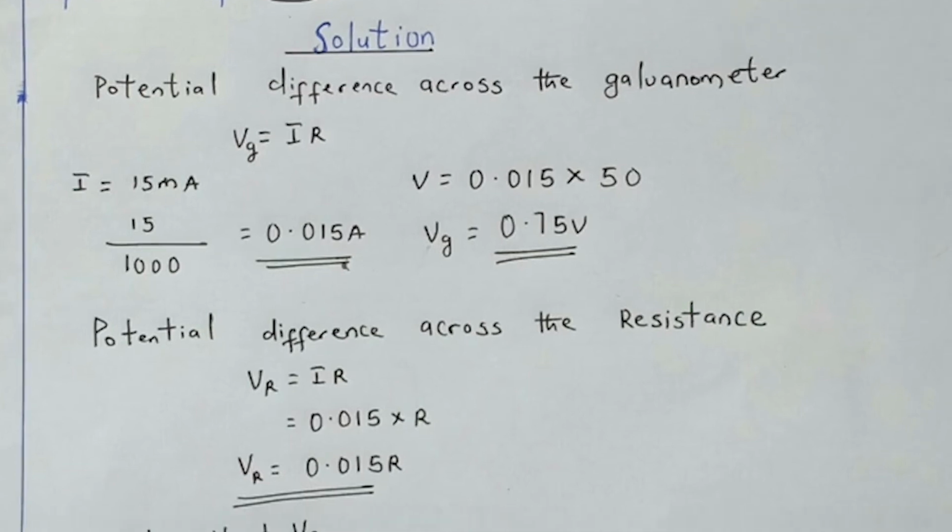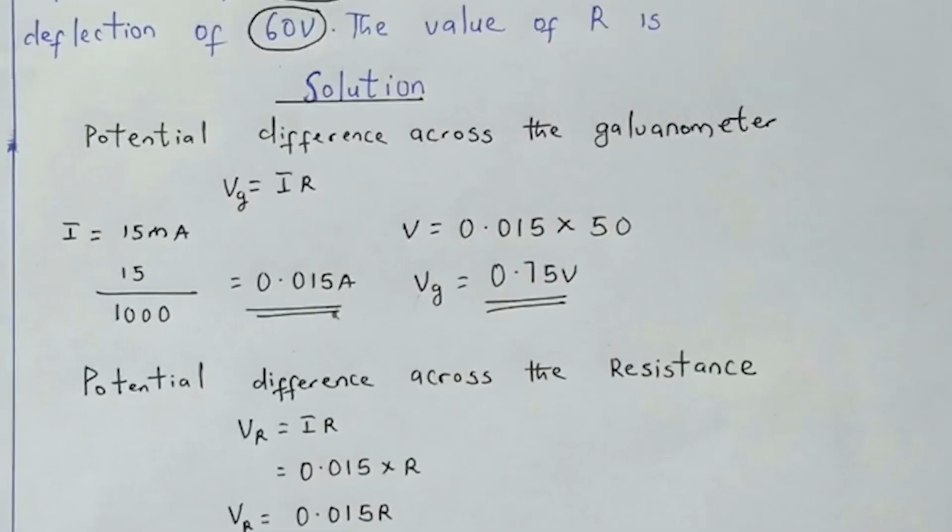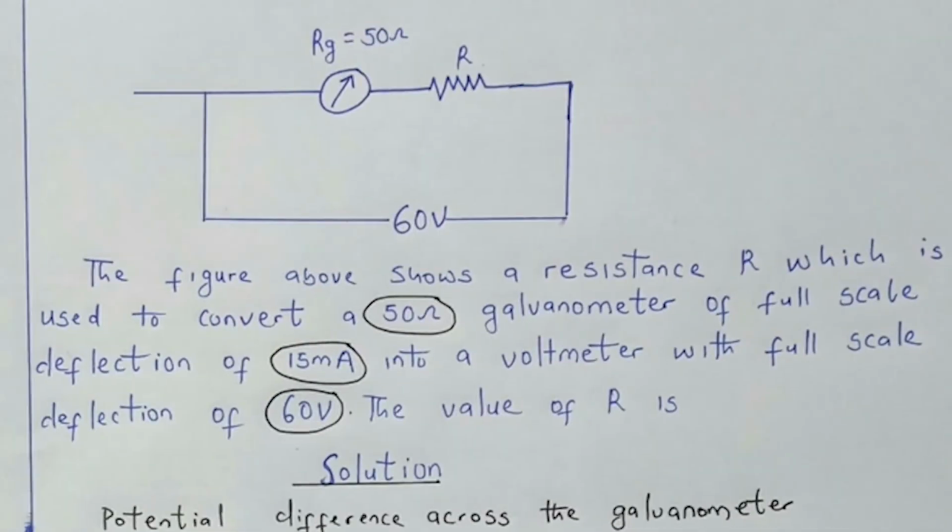Moving on, we know that the total potential difference across both the resistance and the galvanometer will be equal to 60 volts.